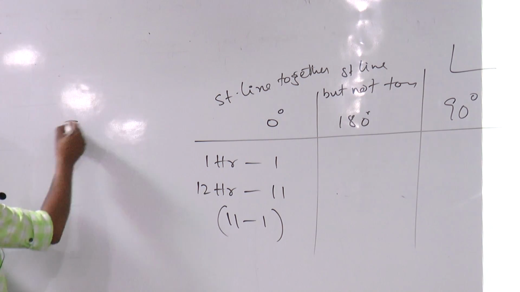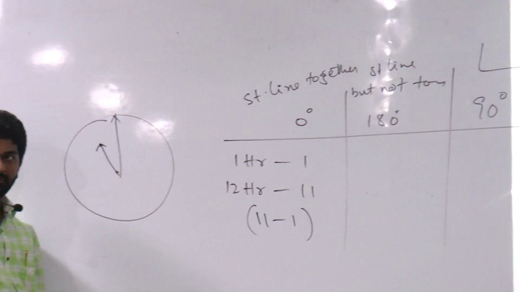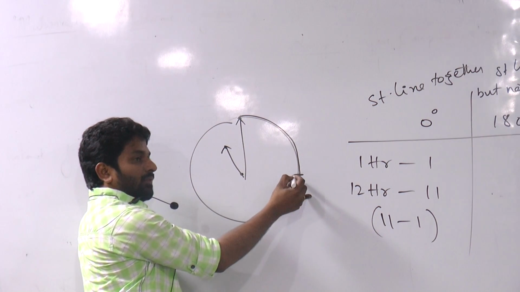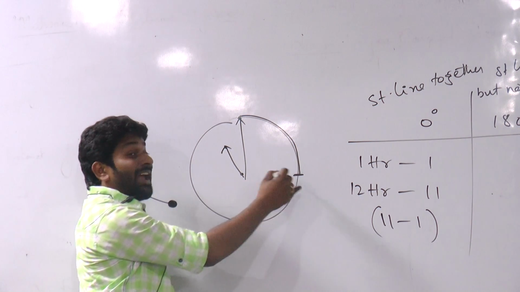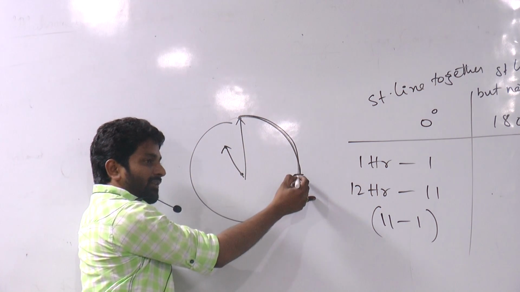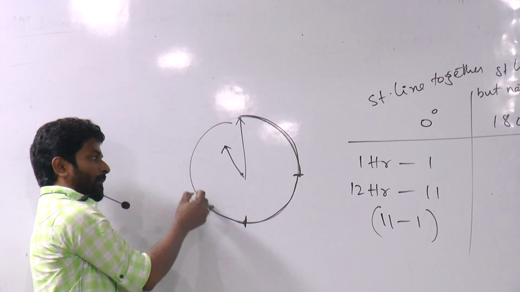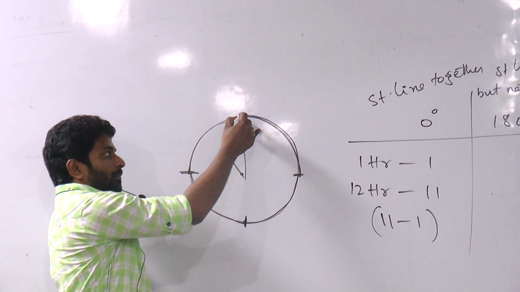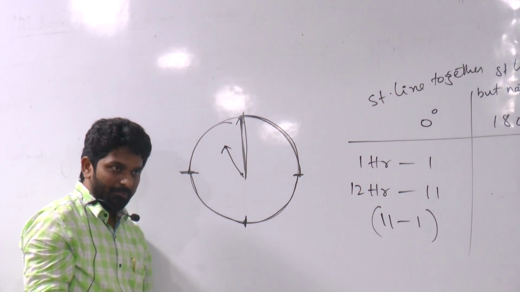If you want to see that, look here. Let's assume the time is 11 o'clock. What are you trying for? Straight line together. The minutes hand should meet the hours hand. 11:15. 11:30. 11:45. 12 o'clock. Both hands, hours hand and minutes hand, formed a straight line, the together case.